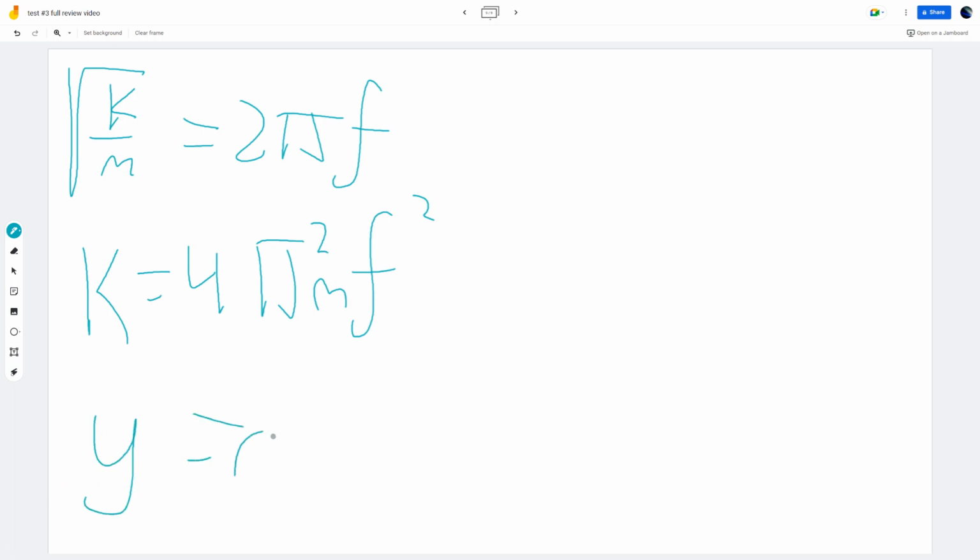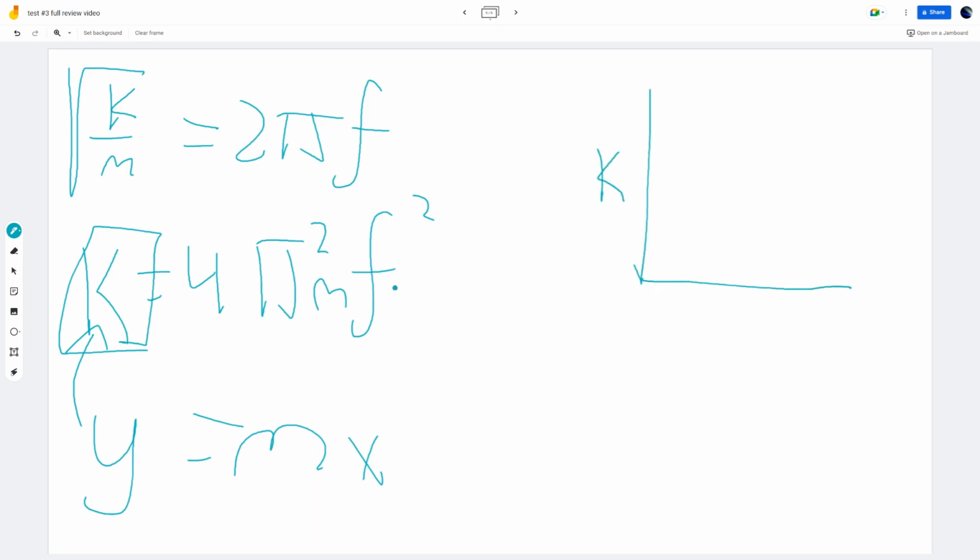But if we look at this, y equals mx, we can start lining up values. We'll graph y as k on the y-axis. So we know we're going to have a graph with k versus something. Our slope is all of our constants, which is 4 pi squared m. So the slope should be whatever that comes out to be. Maybe it's a negative thing if for some reason we have a negative mass.